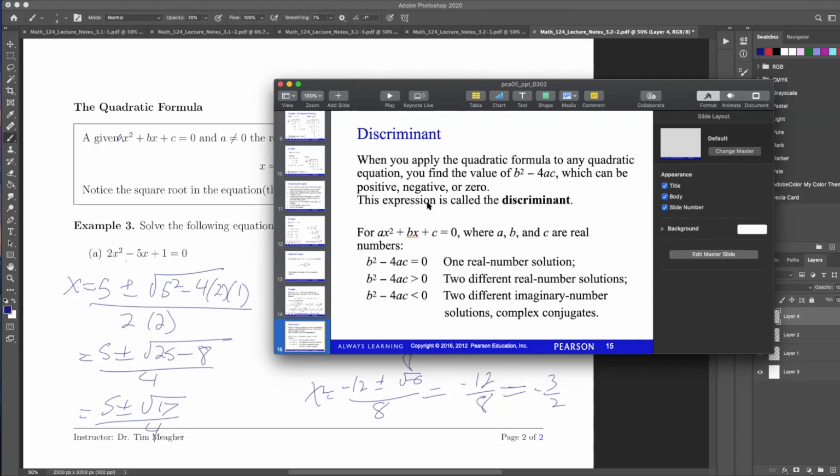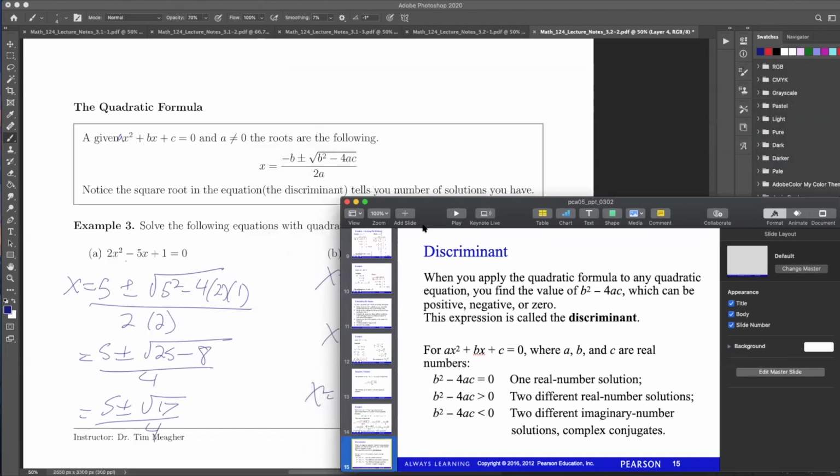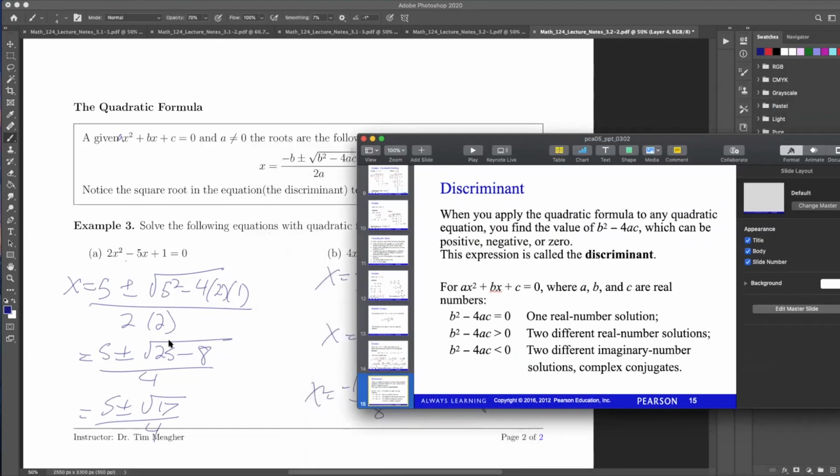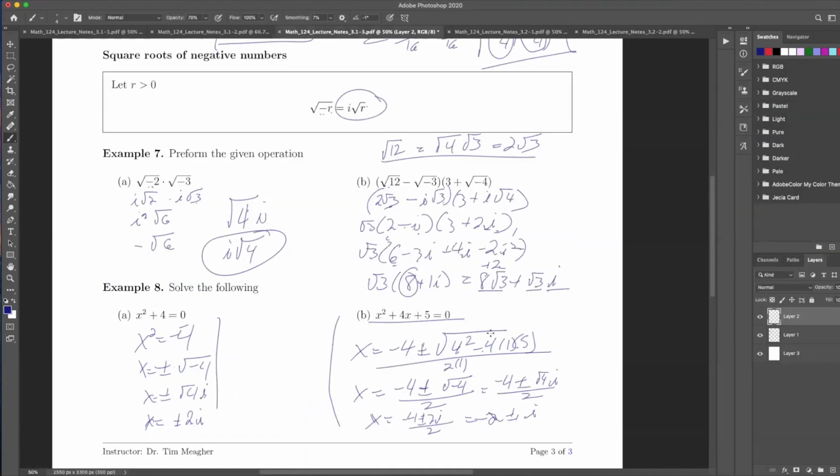All right. So one thing I wrote, notice the discriminant tells you the number of solutions you have. So here, our discriminant is positive, right? It was 17, so the discriminant is just what's under the square root. Here it's positive, so we have 17. So we have two real answers here. This gives us two answers. In our previous home notes, notice here our discriminant was negative.